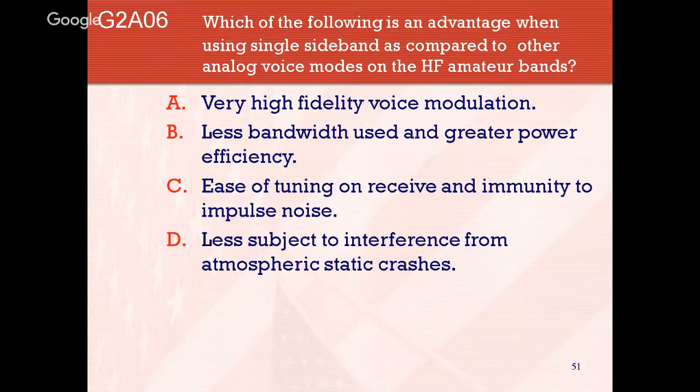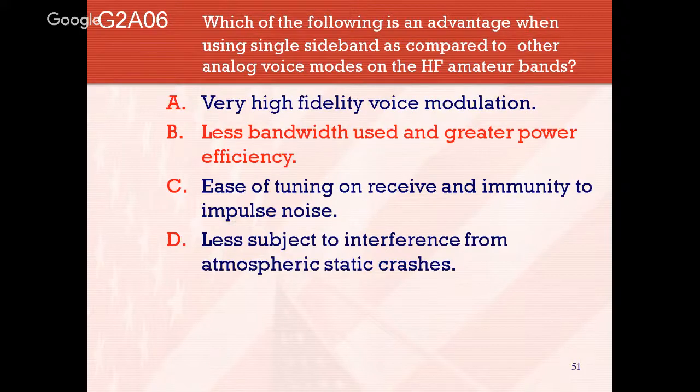Which of the following is an advantage when using single sideband as compared to other analog voice modes on the amateur bands? There's a lot of advantages to using sidebands. Most noticeable is that it uses less bandwidth and it has also greater power efficiency.